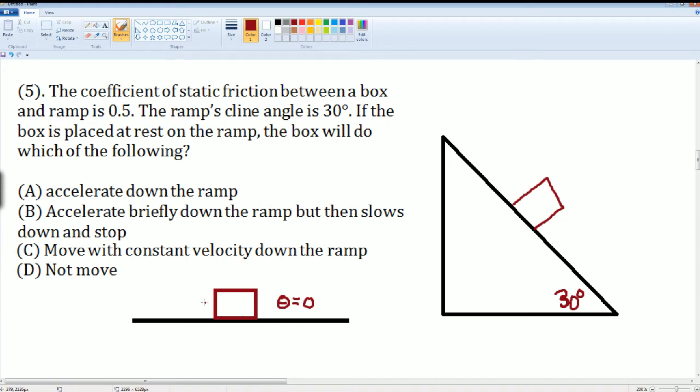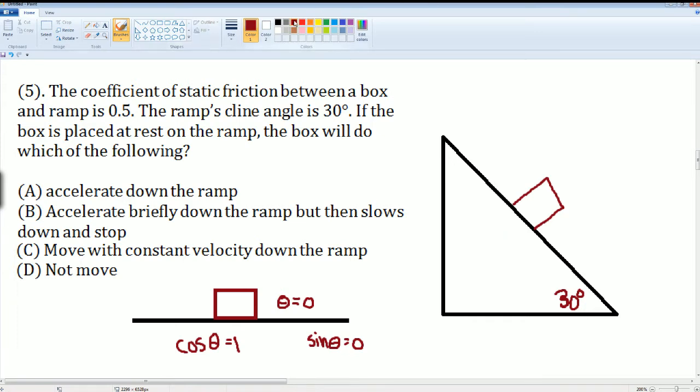So here you can write certain things. Cosine of 0 is just 1, and sine of 0 is, I think, 0? Yeah, that's right. So here, the static coefficient between the block and the ramp is 0.5, and the ramp inclines as here. What would happen to the block?